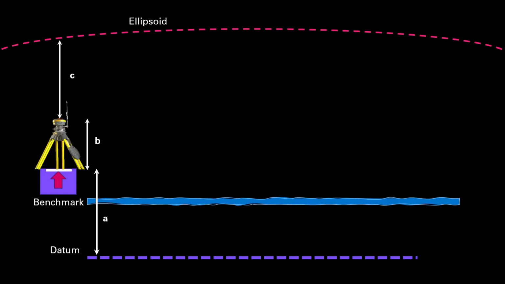Now the DGPS antenna gives me the height from the ellipsoid. Let's call it C. So C is the height from the ellipsoid, B is the height of the tripod, and A is the height of the benchmark from a particular datum. So ellipsoid to the datum, the distance is equal to A plus B plus C, right?